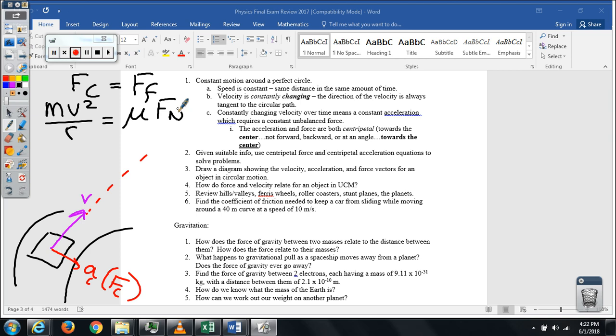But we can boil this down a little bit further. You don't see it because this is up and down, but pointing up would be the normal force, pointing down would be gravity. And so those two forces along the vertical would have to be balanced. So Fn equals Fg. But Fg equals mg.